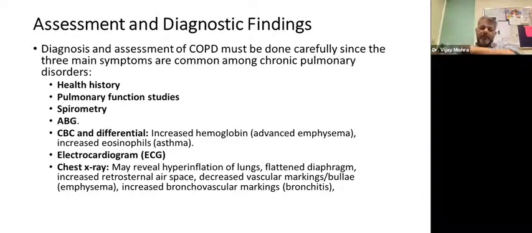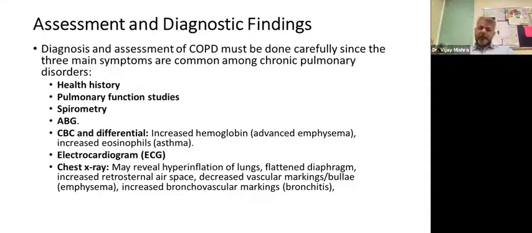If you do a complete blood count and a total and differential count, COPD patients or advanced emphysema patients will usually have increased hemoglobin. As a discussion, we will talk at the end about why increased hemoglobin. Right? If they're asthmatic, we know it's an allergic situation, so you'll have raised eosinophil numbers.